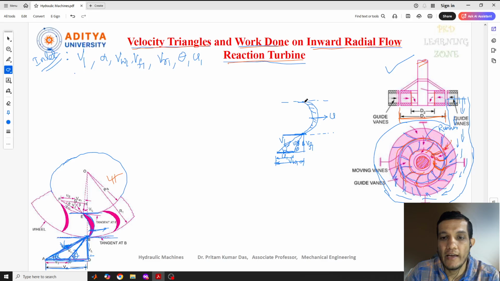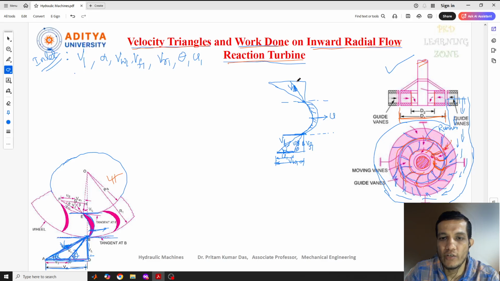And similarly, as we are discussing the outlet, when the fluid comes out from here and goes out like this, the triangle will be like this. Here it will be slightly different. The absolute velocity that comes out at the outlet condition at this point is V2, and it makes an angle of alpha here.